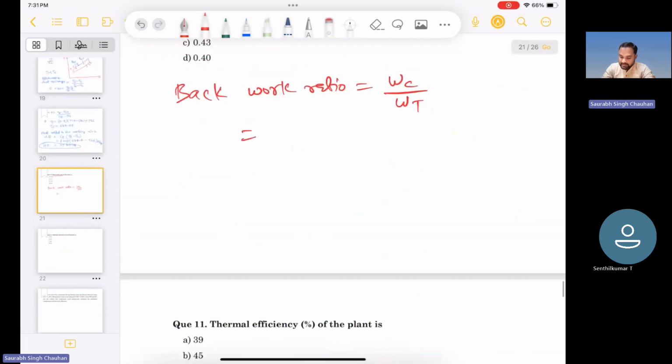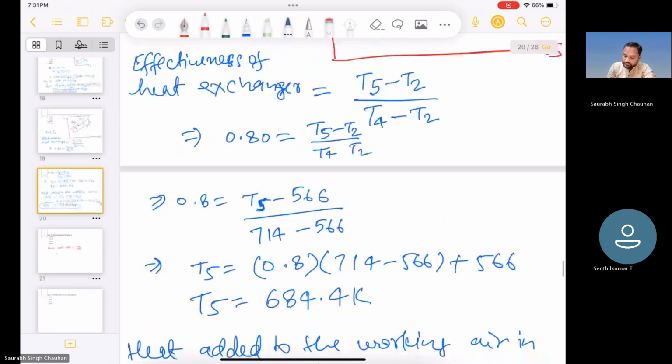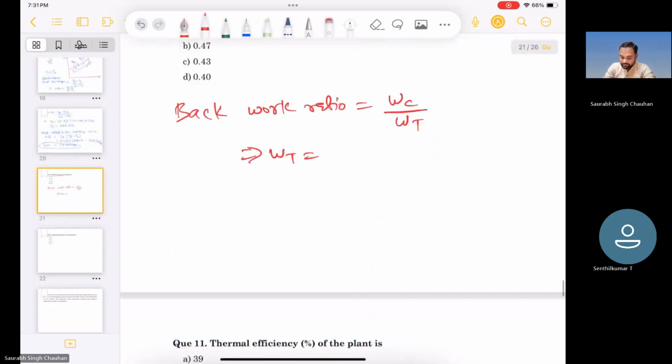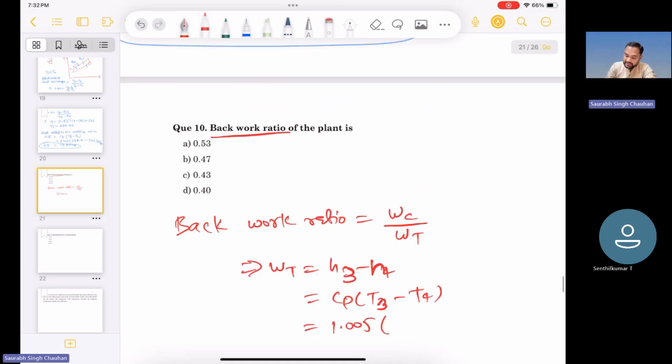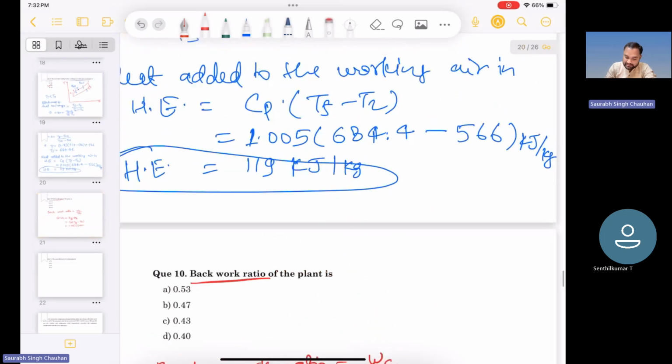Okay, we have not, but the work output of the turbine will be H3 minus H4, so Cp times (T3 minus T4). So 1.005 times T3, which is 1200 Kelvin, the maximum temperature given in the question, minus T4, which we calculated somewhere.